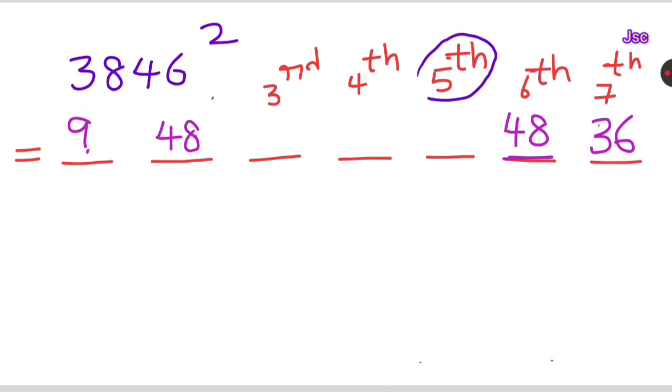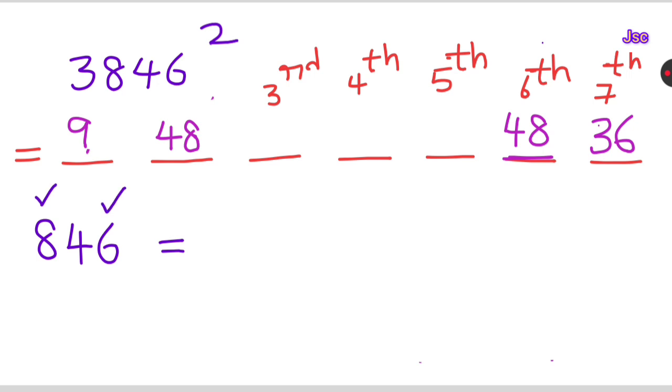Now we are going to do the 5th position. In the 6th position we took the last 2 digits, isn't it? So now for the 5th position, we have to take the last 3 digits, which is 846. Here you have to multiply the extremes. That means you multiply the first and last digit only.